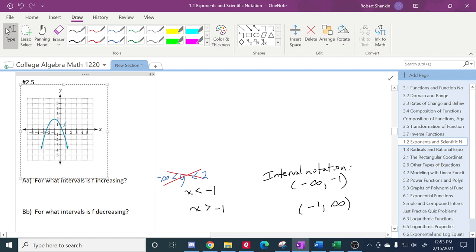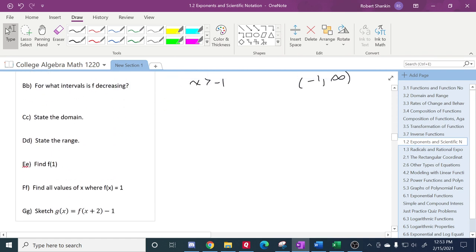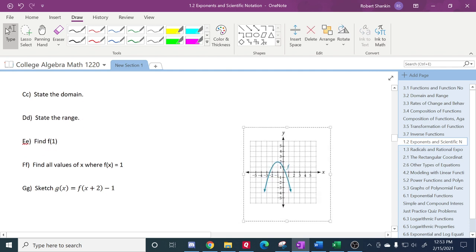Okay. All right. So state the domain, state the range. Now I'm going to put the graph again over here.